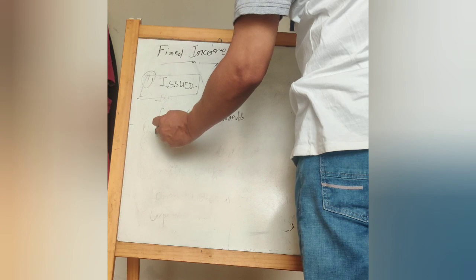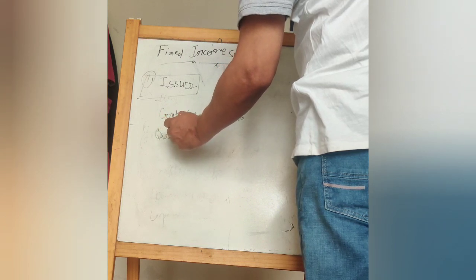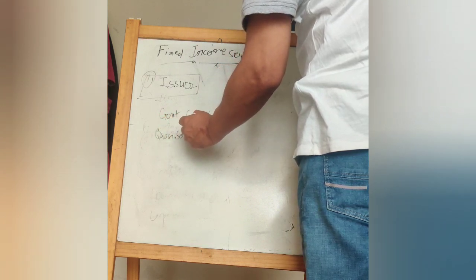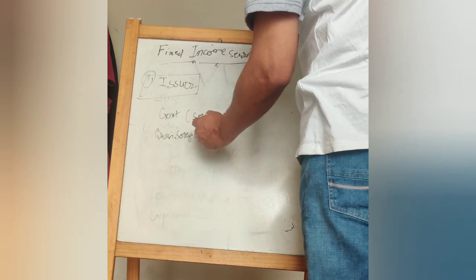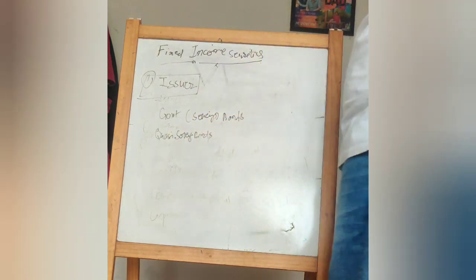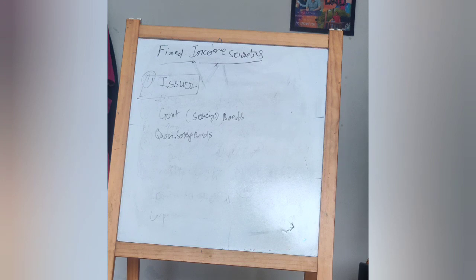The next category is quasi sovereign. These are securities issued by local bodies, like in the case of India, municipal corporations and state governments. These securities are not directly linked to the central government but to the local level government.